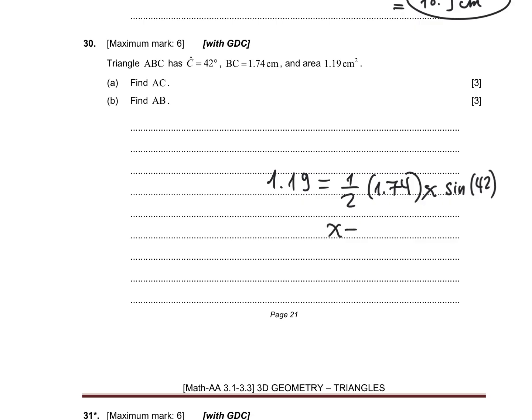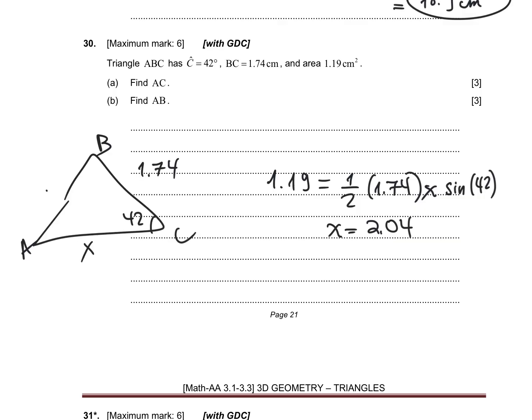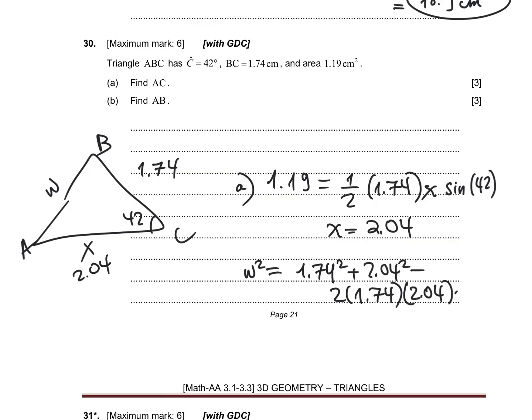So x ends up being 2.04, and then we need AB. So this is 2.04. We can use cosine rule. So we have w squared equals 1.74 squared plus 2.04 squared minus 2 times those things, cosine 42. So we get that w is 1.39.